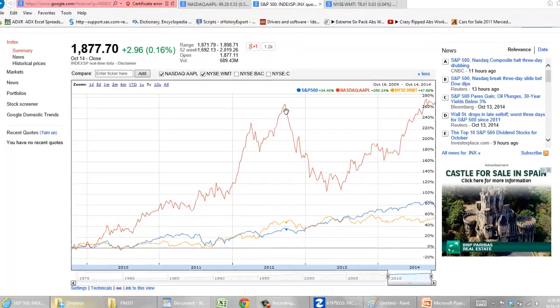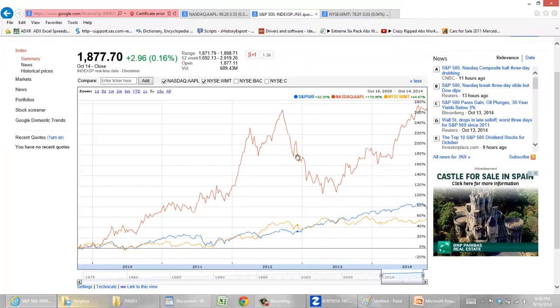So this belongs only to this stock itself, and it is a non-systematic risk. In this chart, I can show you the non-systematic risk. For example, in the last quarter of 2012, the market is kind of flat, right? The blue line is flat here. Now look at Apple. It's a sharp crash.